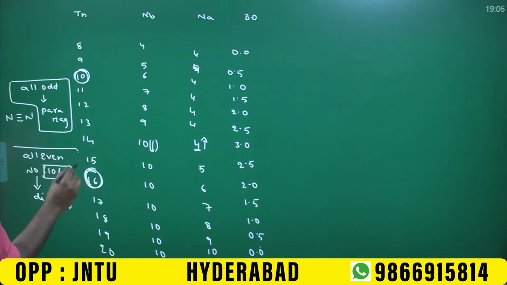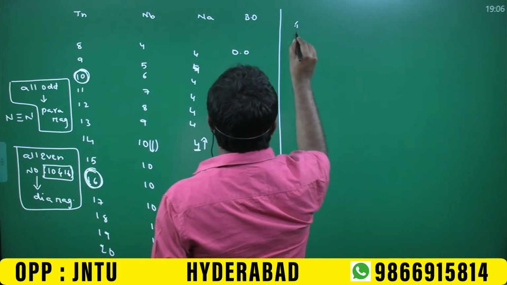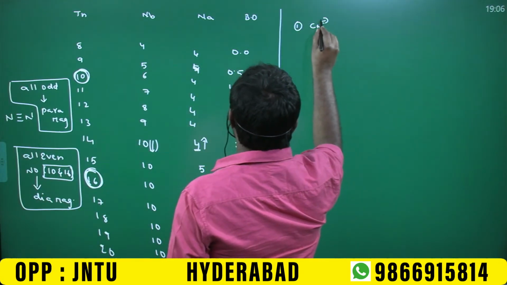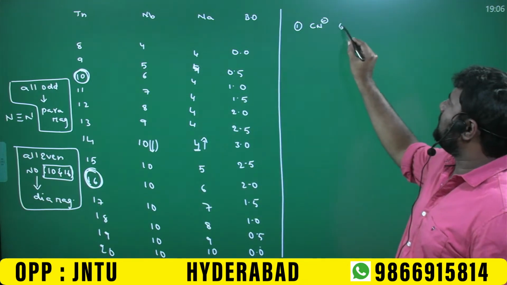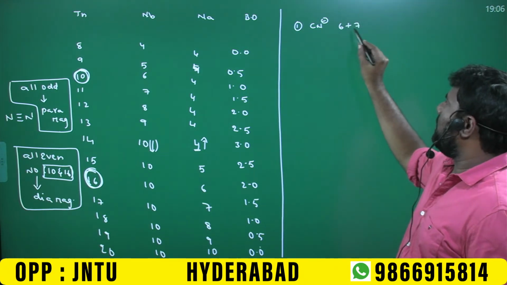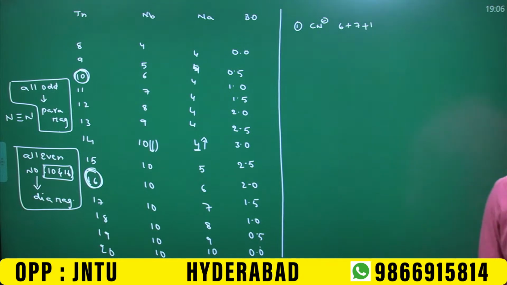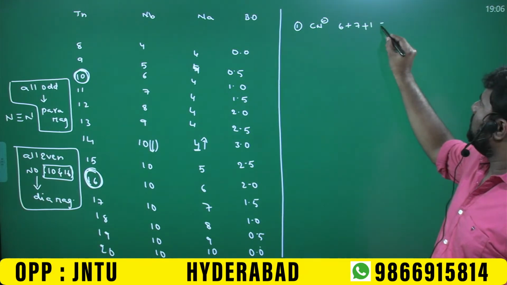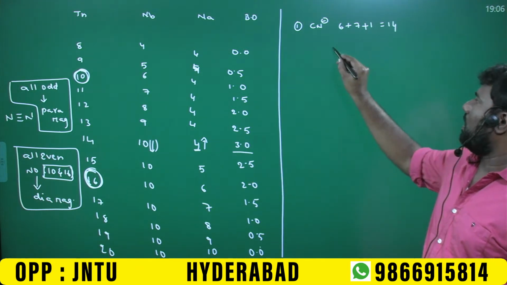Then based on this data, how do I solve the questions? See, for example, I need to find CN minus. The carbon atomic number 6, nitrogen atomic number 7, minus means you are adding 1 electron. 6 plus 7 plus 1 equal to 14. The 14 is bond order 3.0.